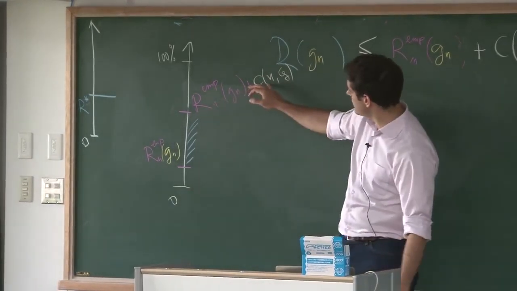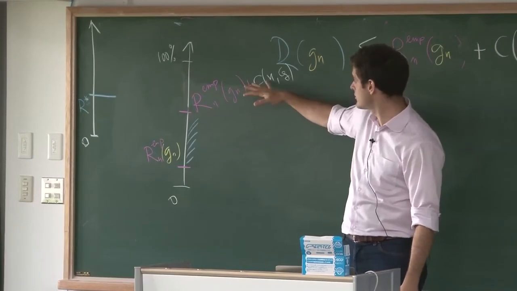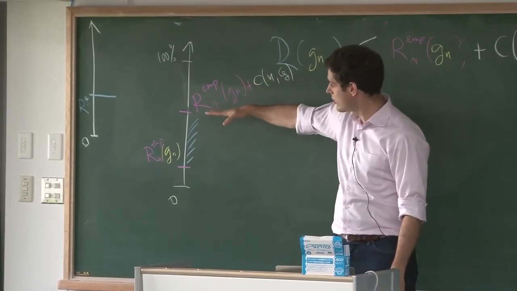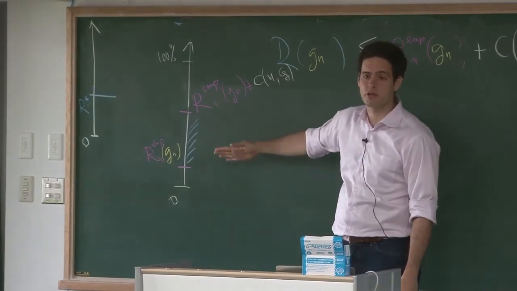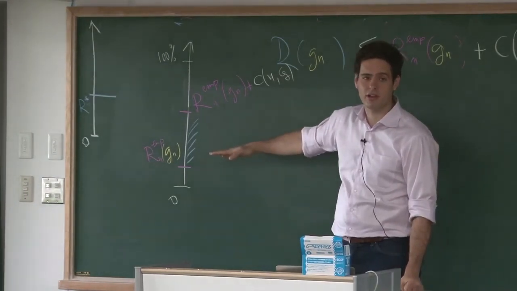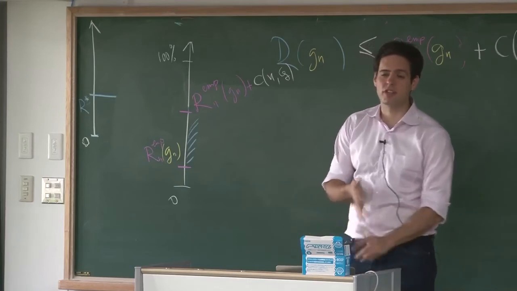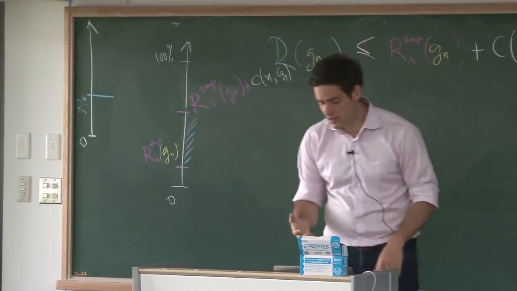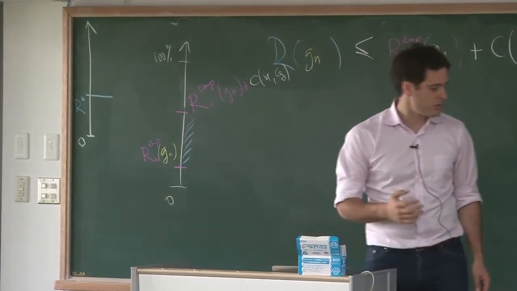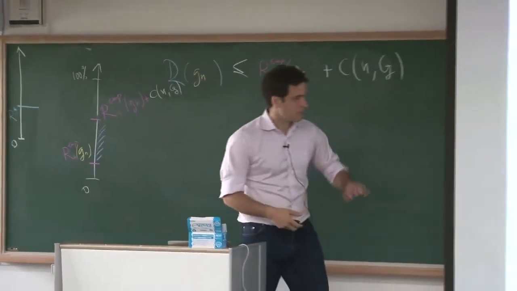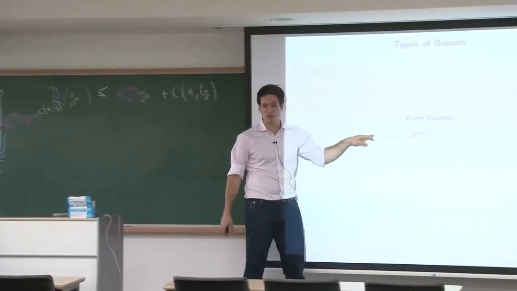And ideally, this constant, which depends on n and on g, will go lower and lower, and become close to 0 when n goes to infinity. So that's the objective of statistical learning theory. It's to provide a bound. That's not the only objective, but it's one of them, to provide bounds of this sort.